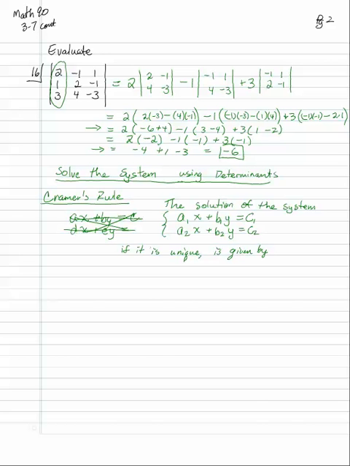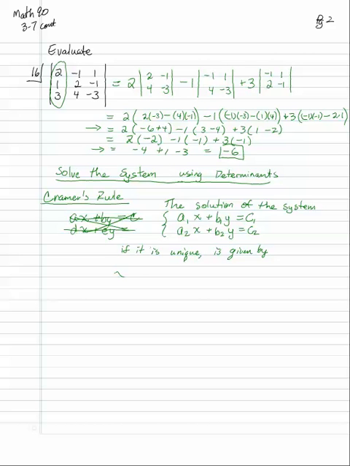Okay, so Cramer came up with the rule. So the solution of the system, a1 x plus b1 y equals c sub 1. So notice the subscripts 1 are for equation 1, and then for the second equation, the subscripts are 2's. So a sub 2 x plus b sub 2 y equals c sub 2.